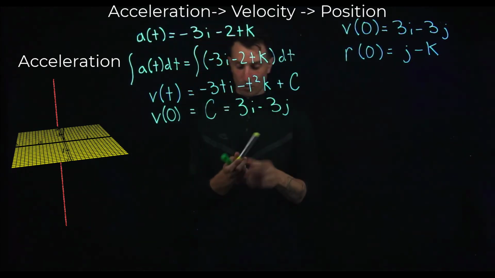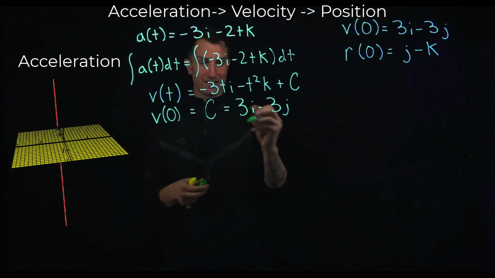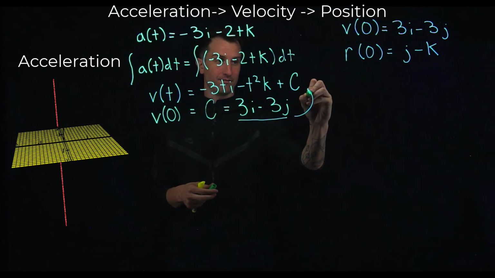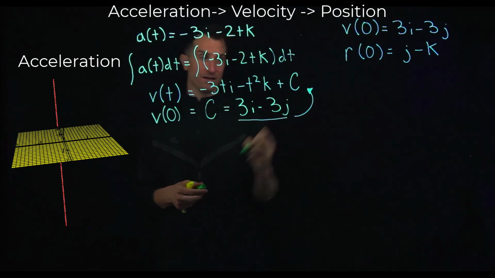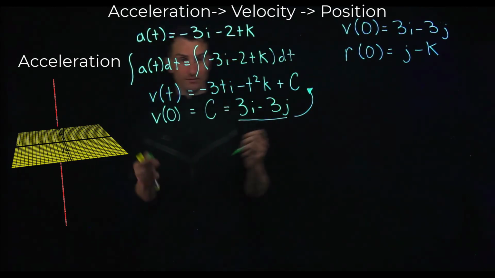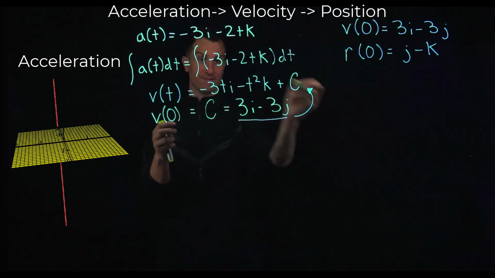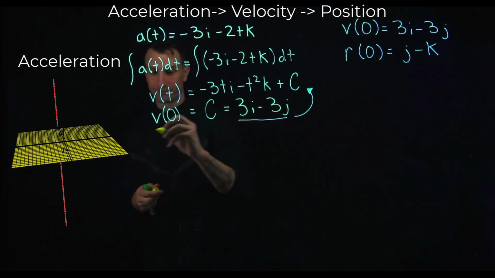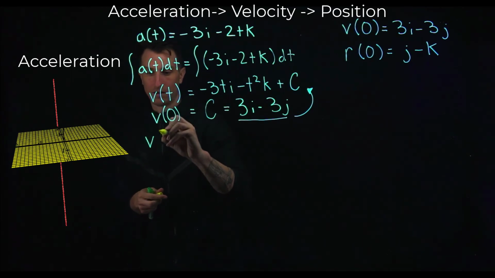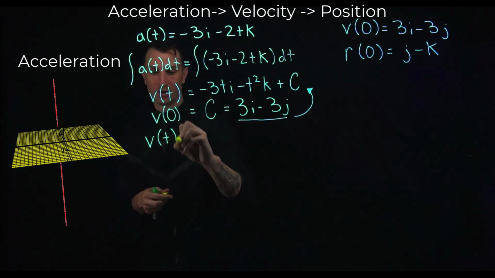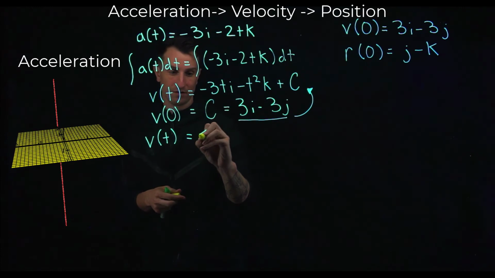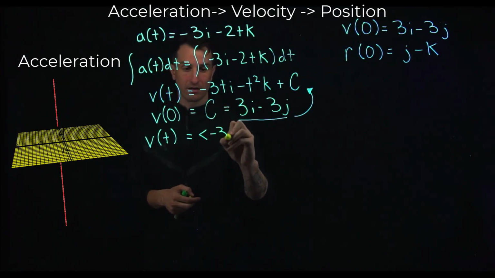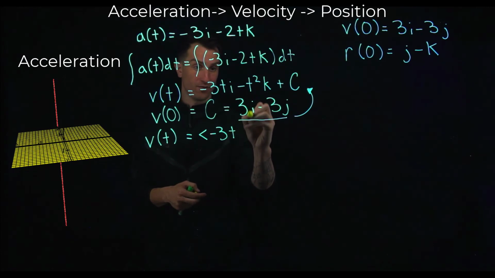Right, so what we're going to do now is take what we found for c and plug it back in to our velocity vector. So our actual velocity vector here is going to be, and I'm going to write this in vector format now, negative 3t, and we also have a 3 from here, right?